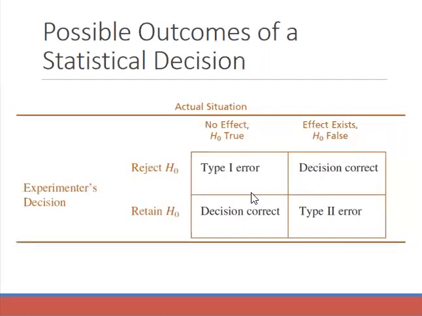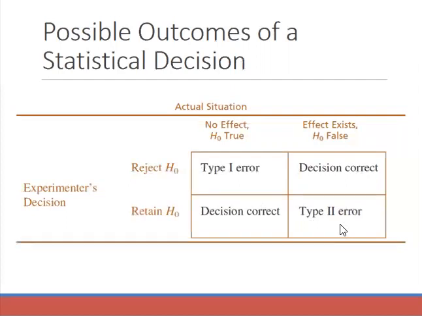So we call these type 1 and type 2 error. Type 1 error is that we reject the null hypothesis, but the null hypothesis is actually true. So we say, there's no way that this mean comes from the same population, but actually it does. Type 2 error is that we retain the null hypothesis, but in fact, the null hypothesis isn't true.